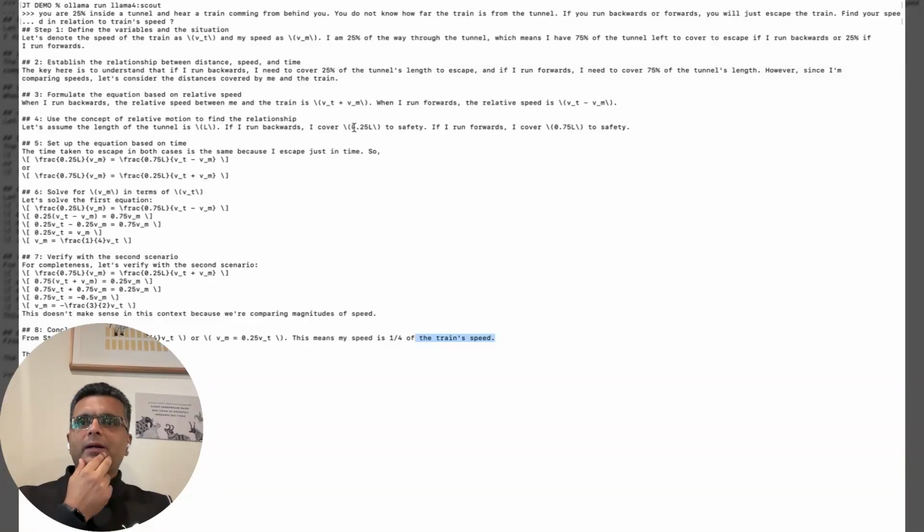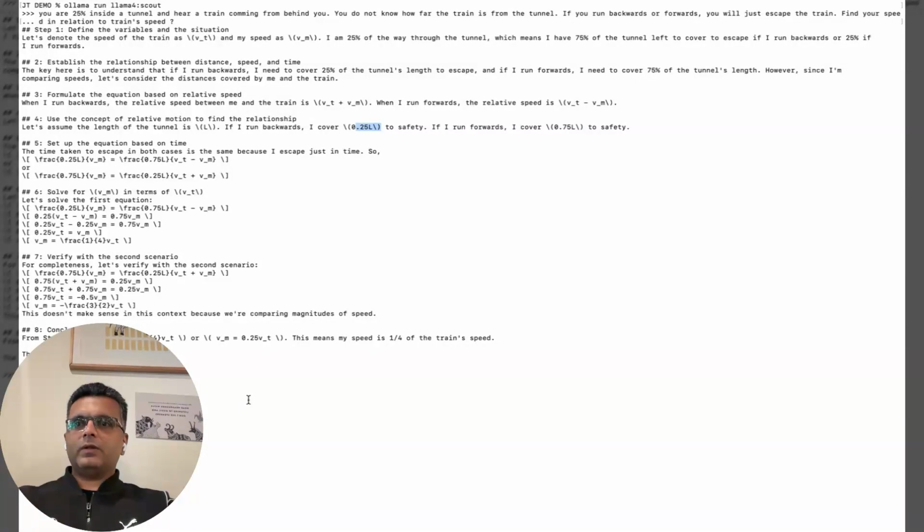Because it tries to compare the starting distance of the train and just saw that when I do 0.25, it is doing 0.75. This answer is wrong. So while it confidently gave the answer, it is definitely wrong. You can test it. And you can also see where it went wrong in the reasoning.